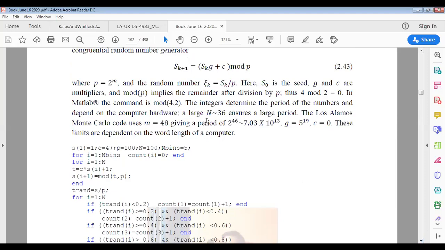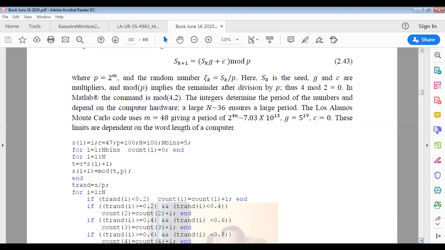For example, a large value, m about 36, ensures a large period. The Los Alamos Monte Carlo code uses m as 48, giving a period of 10 to the 13. And they use g as 5 to the 19 and c is 0. So when c is 0, it just becomes a multiplier over here. So these limits are dependent on the word length of a computer.